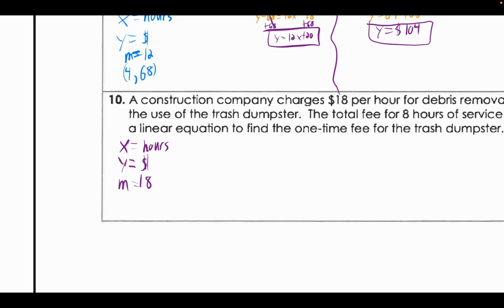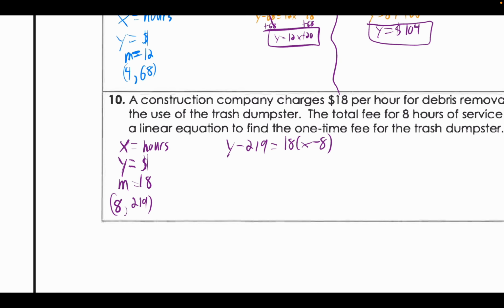The word per carries a lot of weight in that. Whereas our ordered pair ends up being 8 hours of service, so 8 is the x, and $219 for the service itself, which is y, following the fact that we defined x as hours and y as the money that is being spent. And so this would be y minus 219 is equal to 18 times x minus 8.